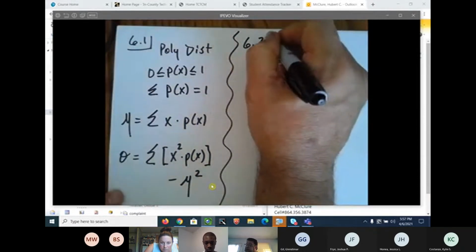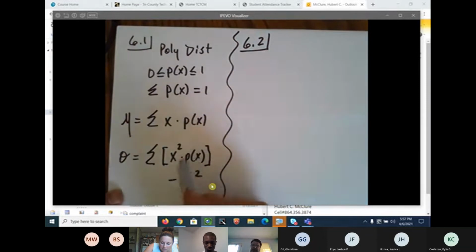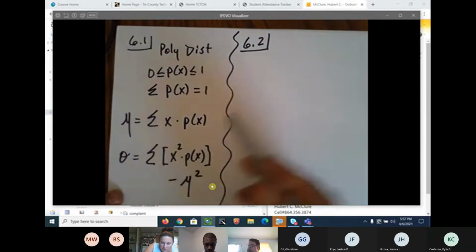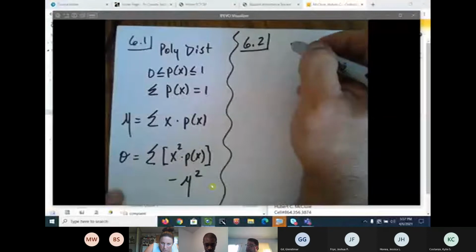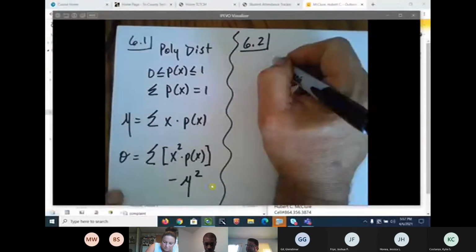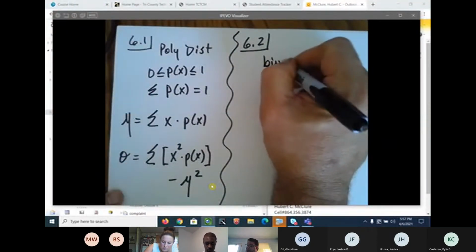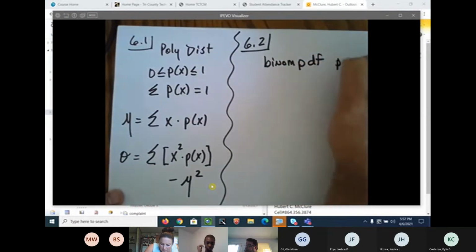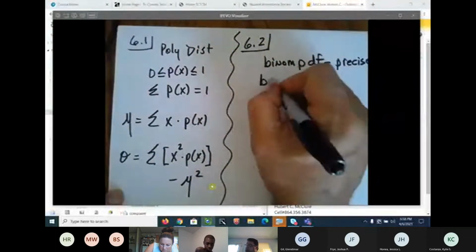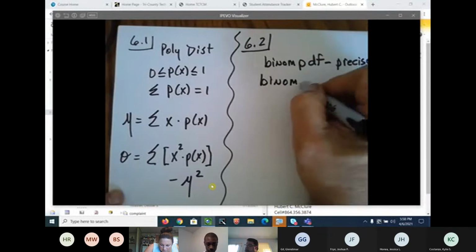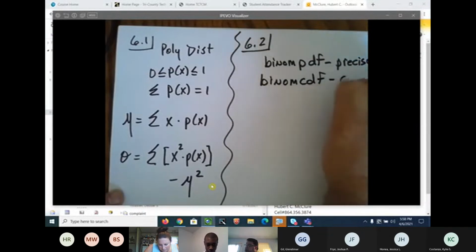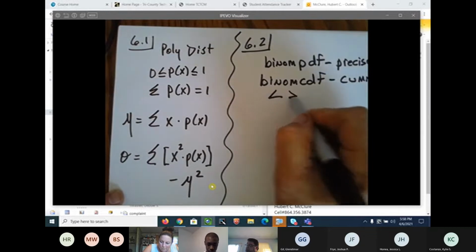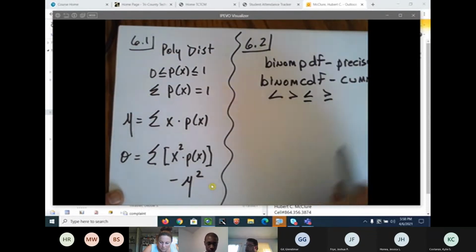6.2 is a continuation of this, especially the mean and the standard deviation. They also want us to be able to do binomial PDF, which means precise, right on the point, and binomial CDF, which means cumulative: less than, greater than, less than or equal to, greater than or equal to.